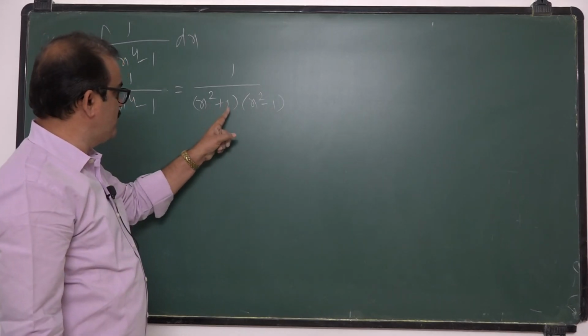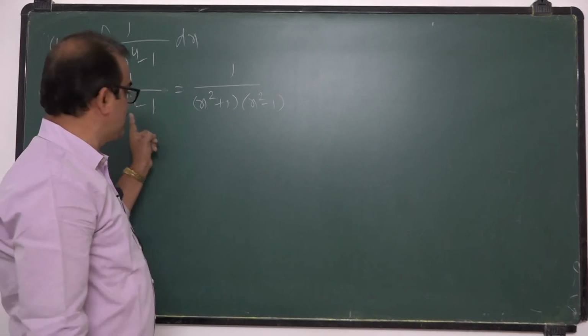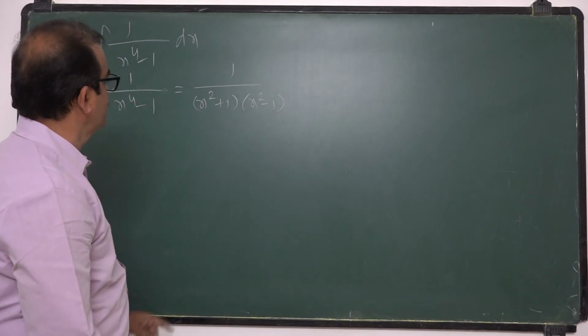It is in the form of (a plus b) into (a minus b), that is a square minus b square, that means x power 4 minus 1.